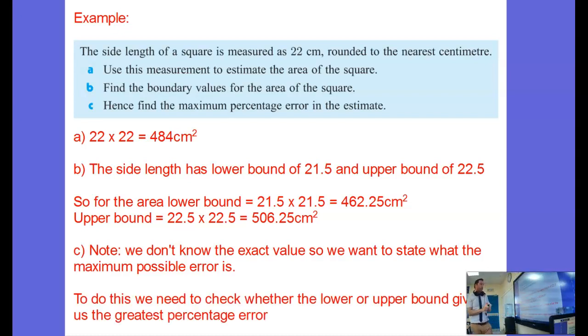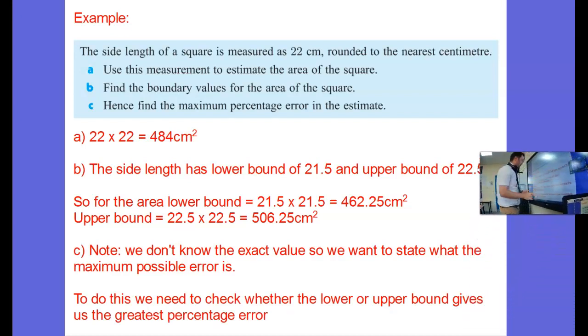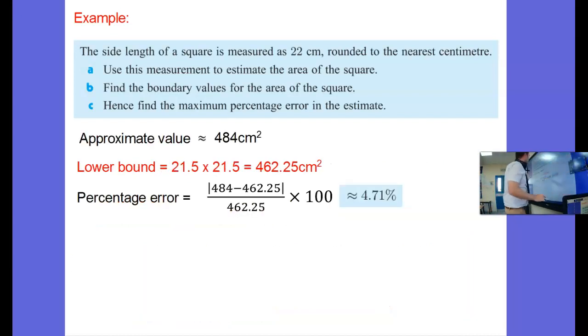To do this, we're going to check both the upper and the lower bound to see which gives us the biggest percentage error. If we use the lower bound, then for our percentage error we do the rounded value minus that lower bound and divide it by that lower bound.